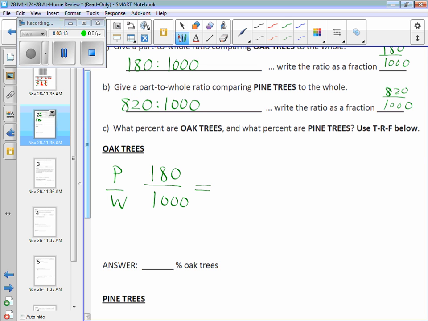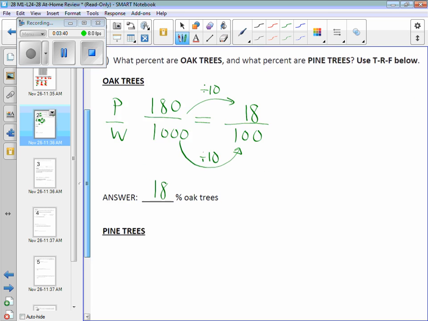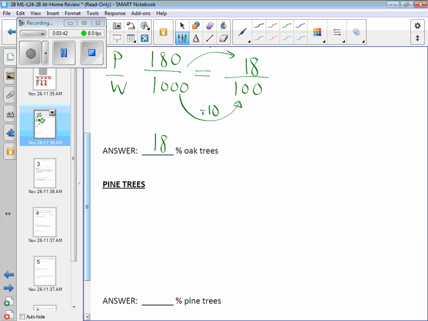To change any fraction to percent, percent means per 100. So we're going to scale this down. In this case, we need to divide by 10. Whatever you do to the bottom, you do to the top. You get 18 per 100 or 18%. We'll do the same thing with the pine trees.